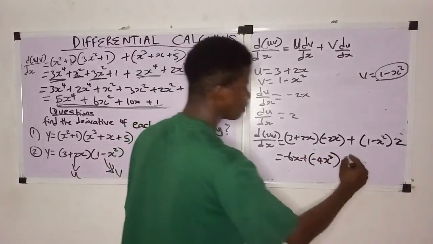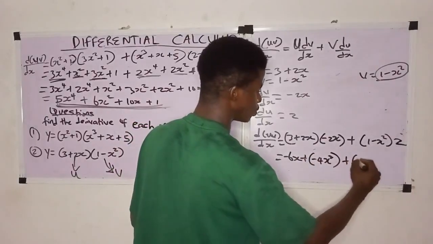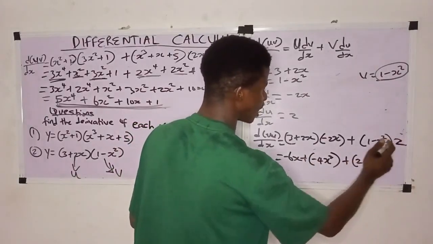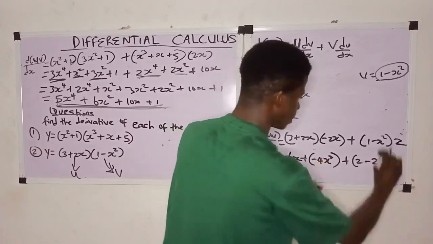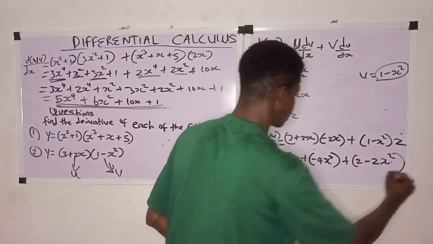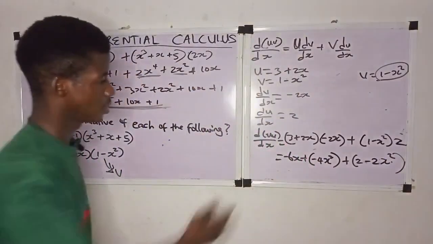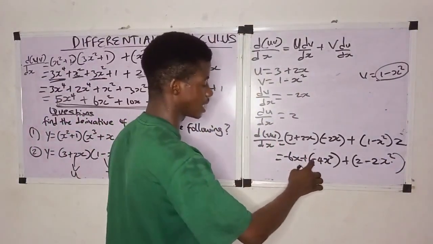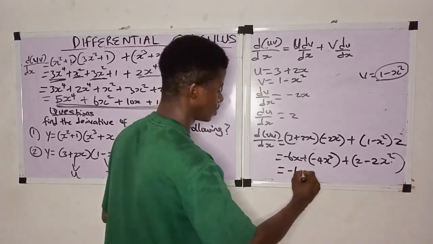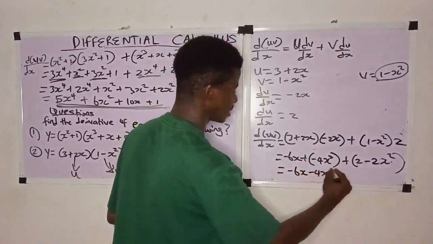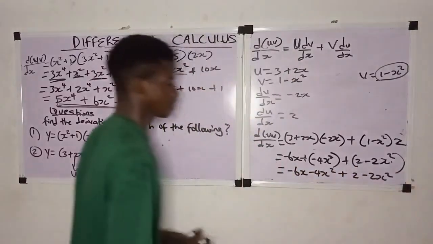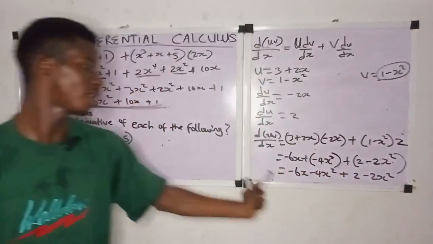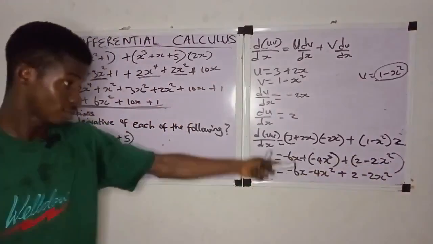Then plus 2 times 1 gives us 2, minus 2 times s squared gives us 2s squared, right? Bracket close. Plus times minus will give us minus. So then plus 2 minus 2s squared.